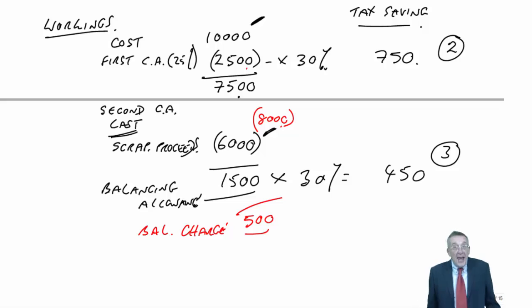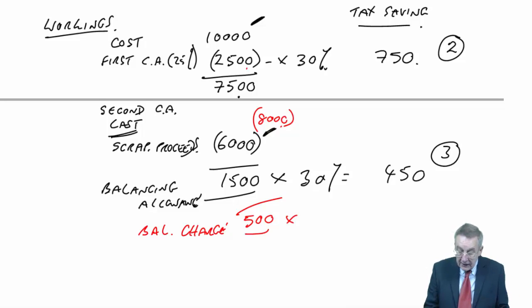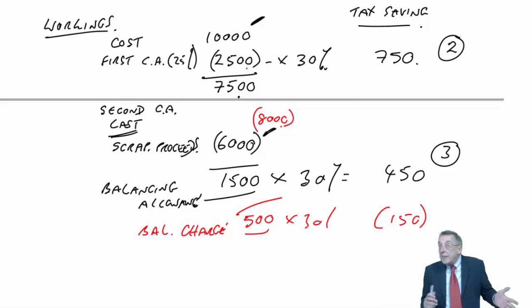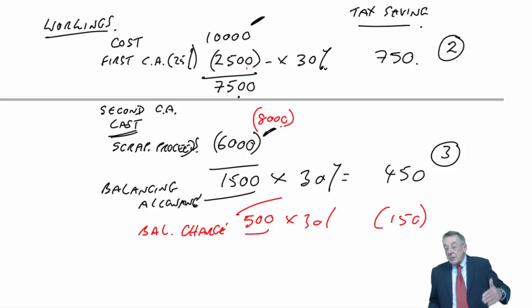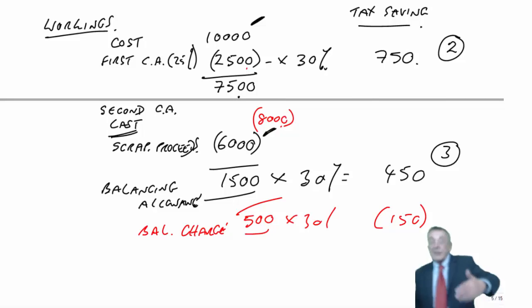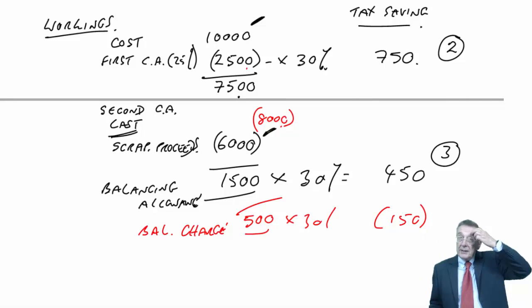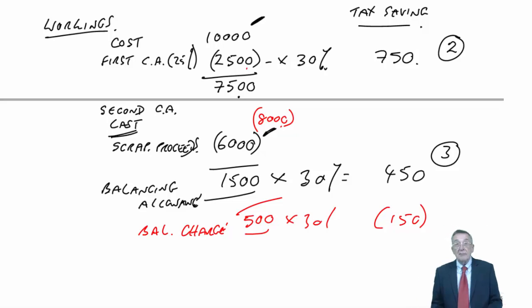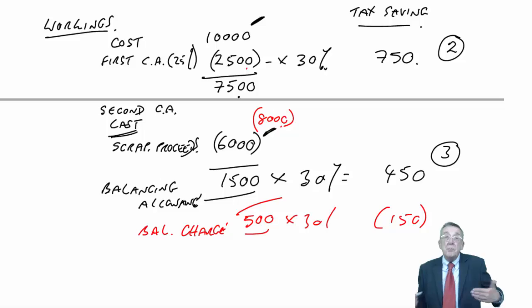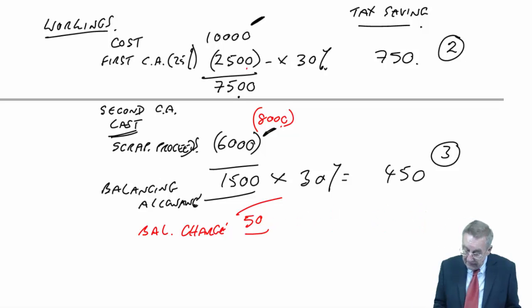And so instead of saving tax, there'd be extra tax payable at 30%, 150. So it's the same rule: if you sell it for less than tax written down value, you get an allowance and save tax. If you sell it for more than written down value, there's a charge and you pay more tax.